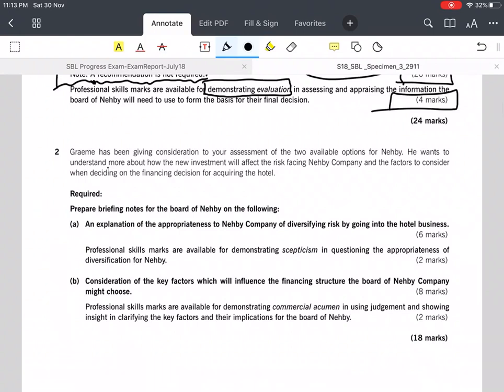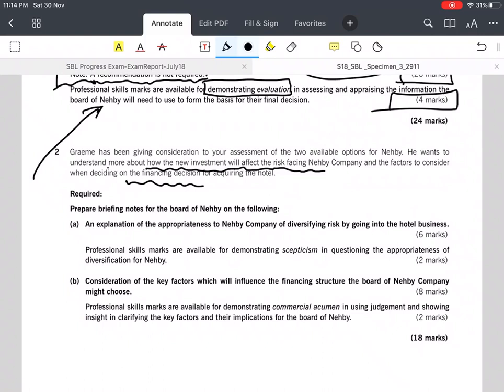Graham has been giving consideration to your assessment of the two available options for Nearby. So he has been through this. He wants to understand more about the new investment, how the new investment will affect the risk faced by Nearby, and the factors to consider when deciding the financing decision.